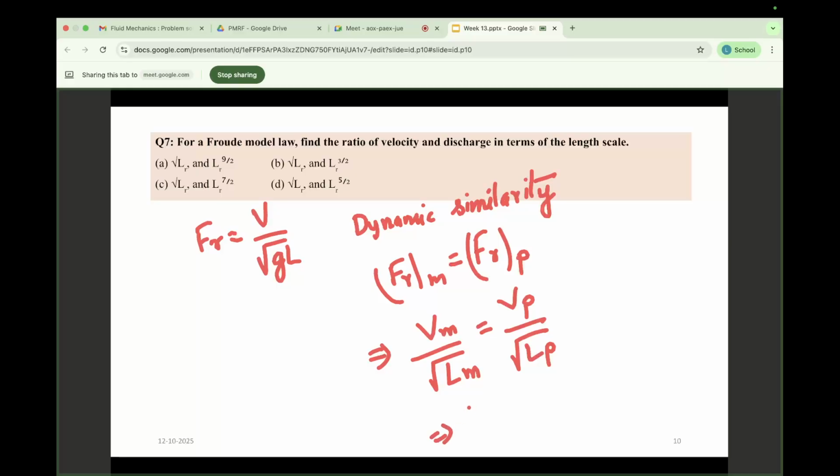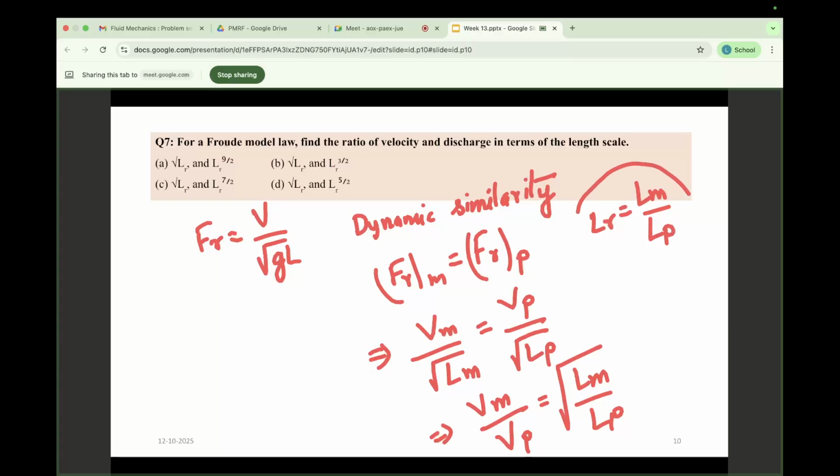So what will I get? Vm by Vp is root Lm by Lp. So this length ratio, Lr, is Lm by Lp.